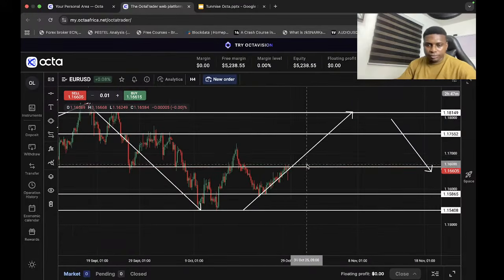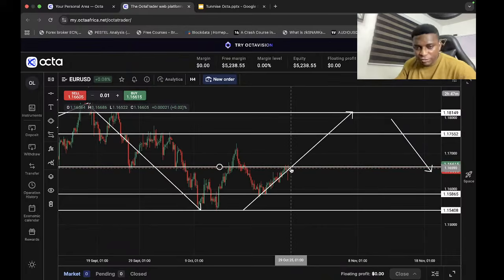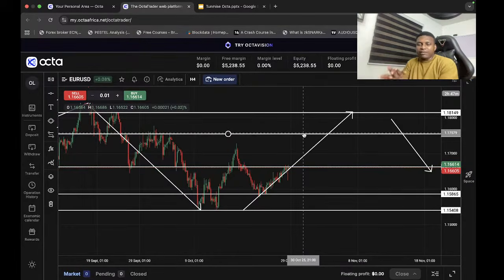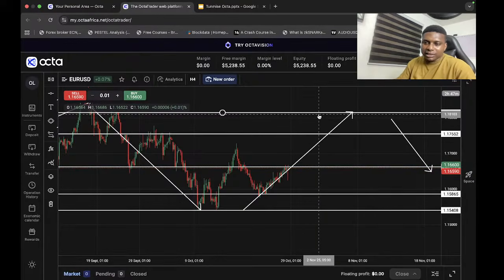Now if we expect that there's a higher probability that price would move up from this level upward, we want to have this level, 1.17579, as our first take profit level, and the next as our second take profit level.